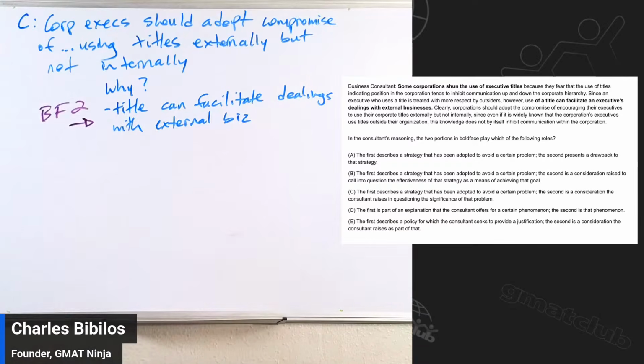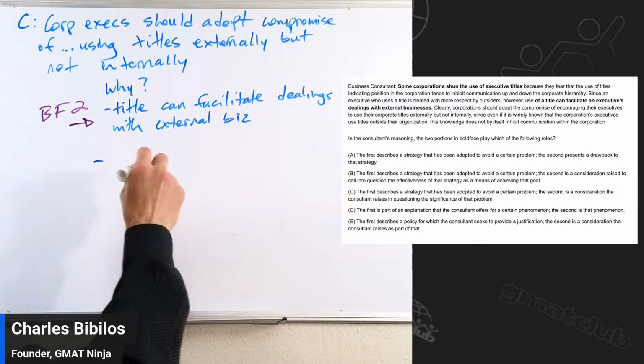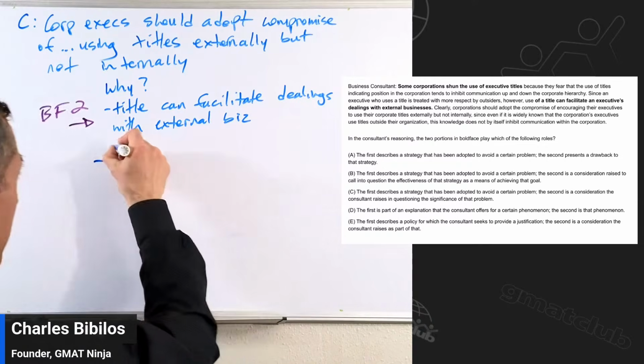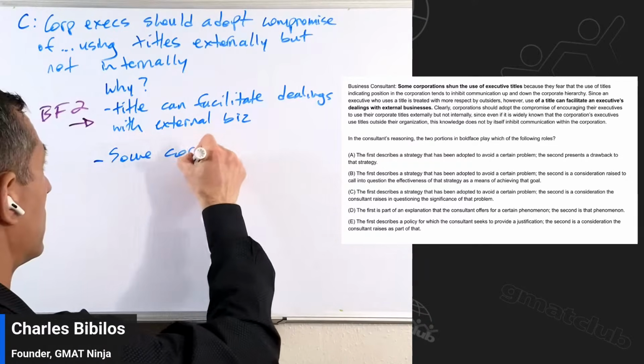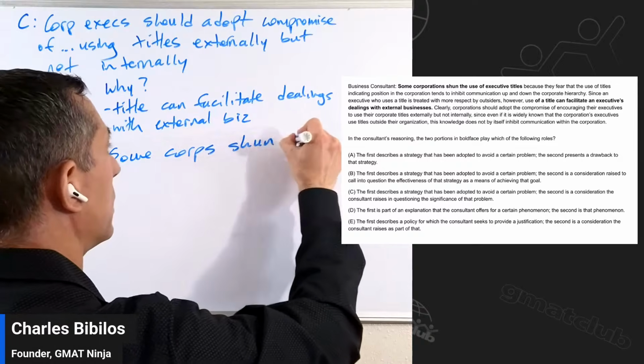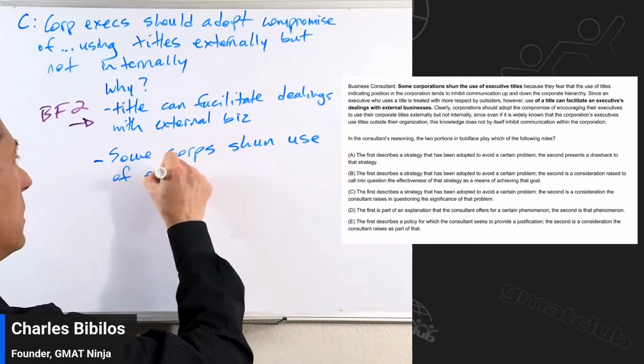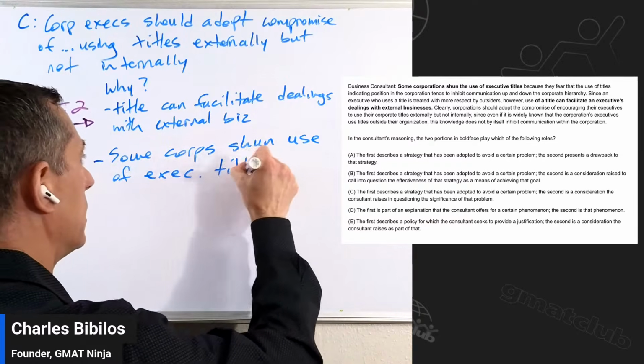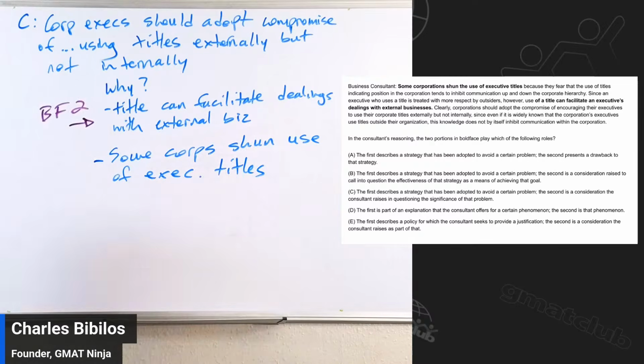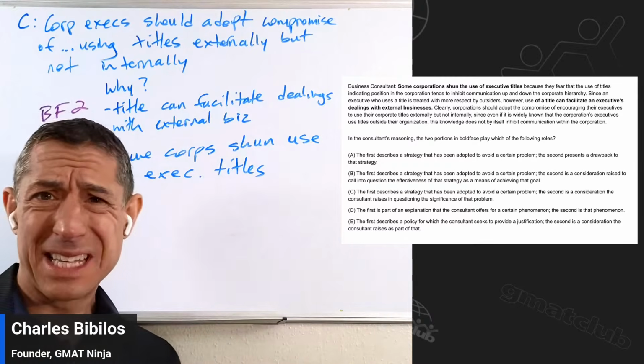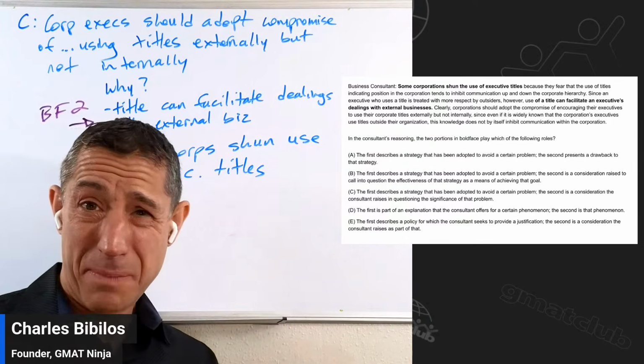So your boldface 1, some corporations shun the use of executive titles. Okay, so what's this doing here? Really, it's the thing that we don't necessarily want people to do, right?